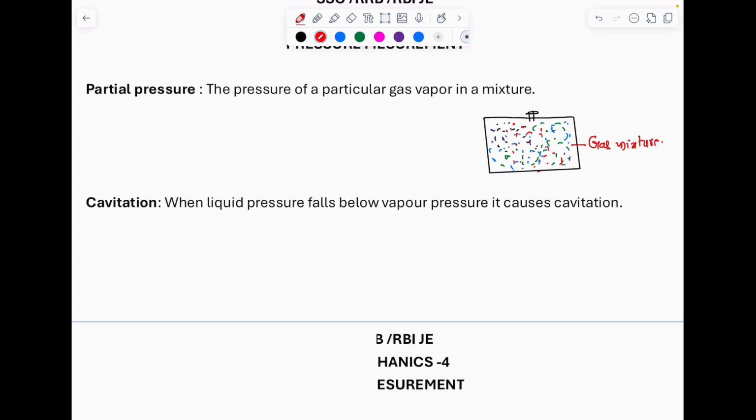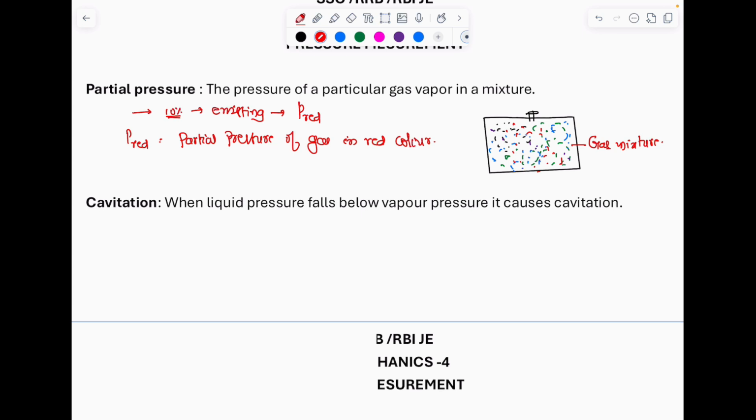There are different gases, for example, a red color gas. I am not naming any gas. We can name or we can put a mixture of many gases. This red gas is only 10% existing, and it exerts a pressure of P red. Then P red is equal to the partial pressure of the gas in red color.